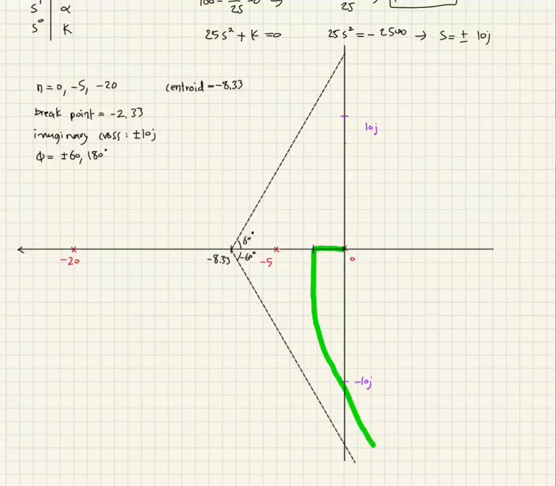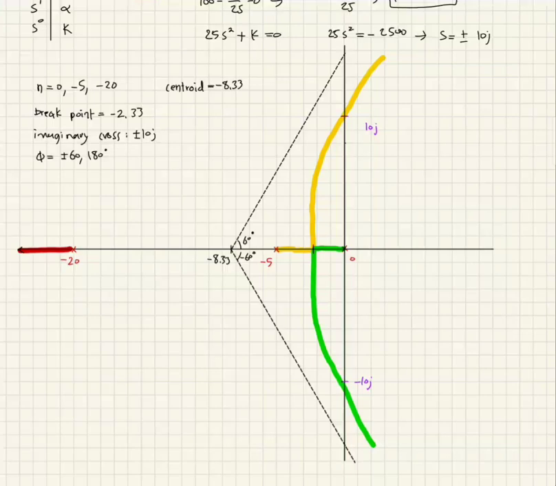And the other one starts from -5, goes up to the breakpoint, and then shoots upward, crosses at +10j, and then keeps going with respect to this asymptote angle. And our last one is this other one, which starts at -20 and then goes up to infinity. All right, so this is it.